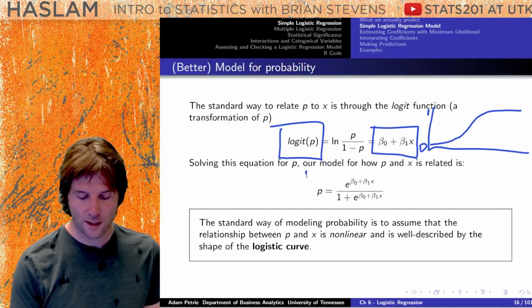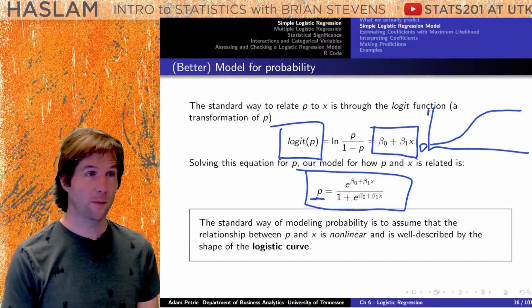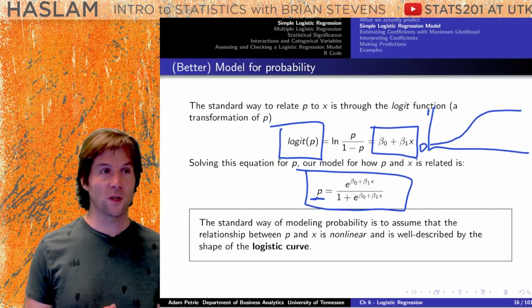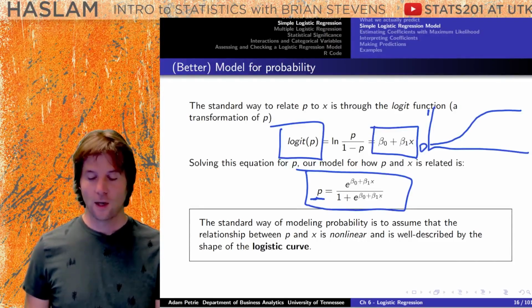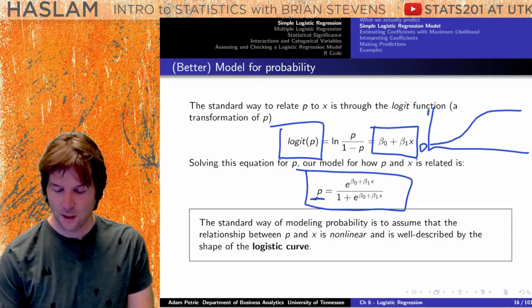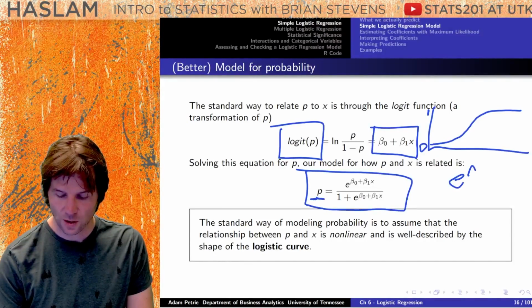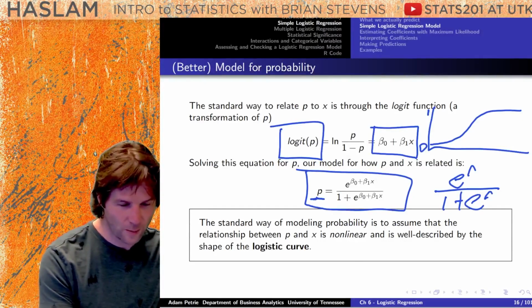The equation right here gives us the probability. Since this equation gives us the probability, this is what you will probably be solving for on tests. When you solve for the probability right here, there's an easy way to remember it: e raised to the regression equation over 1 plus e raised to the regression equation. And what do I mean by that?